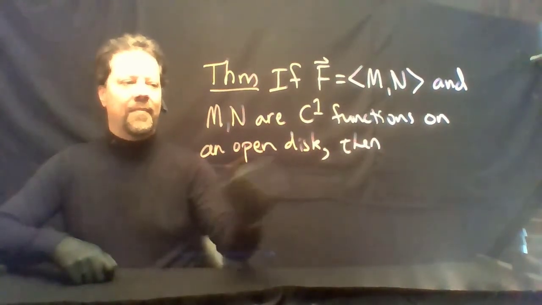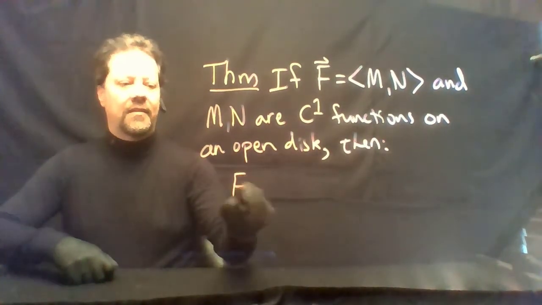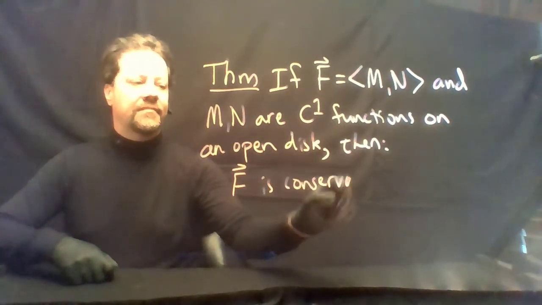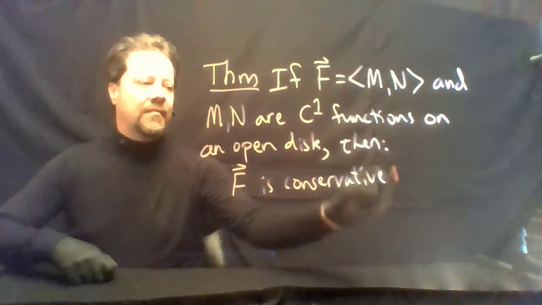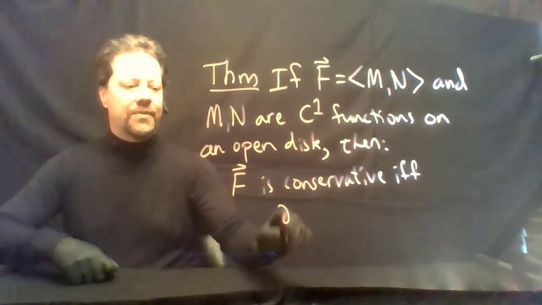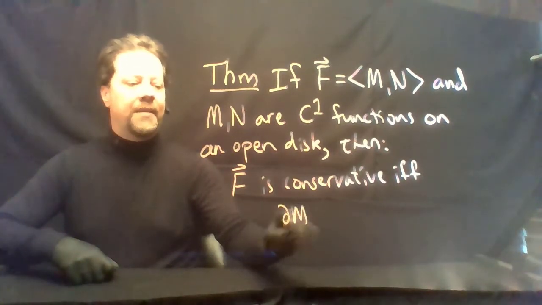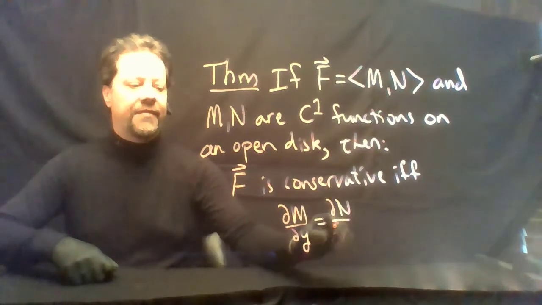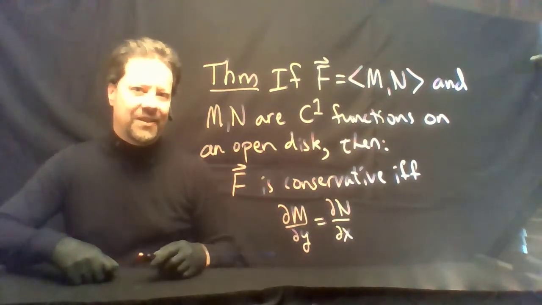Then f is conservative if and only if the following condition holds. The partial derivative of m with respect to y is equal to the partial derivative of n with respect to x.